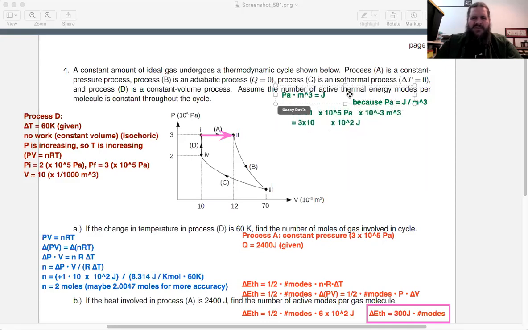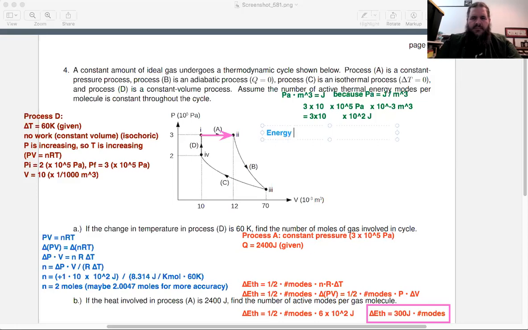What's making the energy change? Is it the change in heat? Heat is part of it. Delta energy equals heat, and yeah, also work. We can use the first law of thermodynamics here.